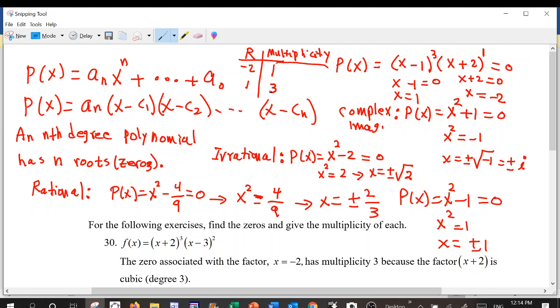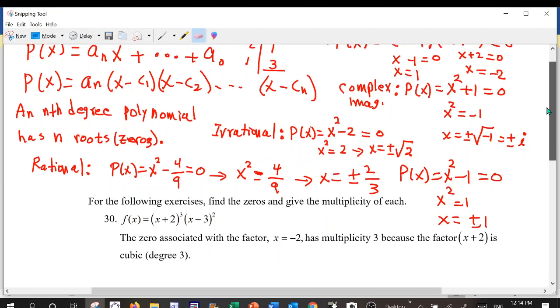So the multiplicity of that root is 3. You can think of this as this root counts 3 times and this root counts only once. Because if you write this in expanded form, you're going to have x minus 1 times x minus 1 times x minus 1. So it counts 3 times. So the total number of roots is the sum of the multiplicities. So 3 plus 1 is 4, and it has 4 roots. So that's the idea of multiplicity and different types of roots of polynomials.